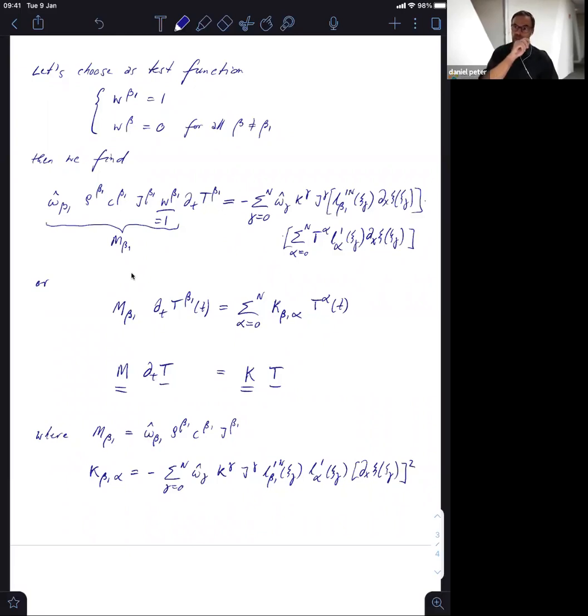So this would be a single element entry in the stiffness matrix.